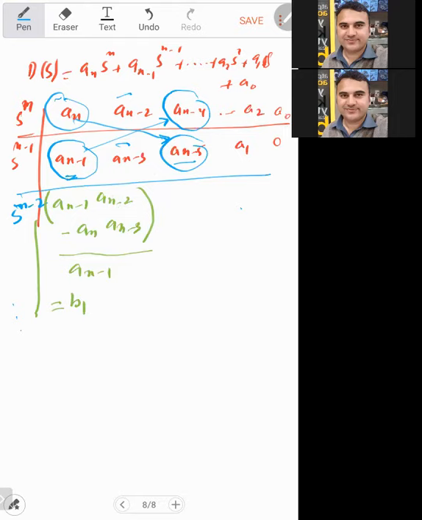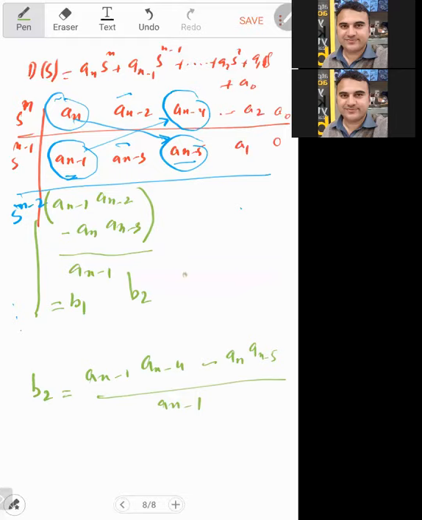You can make it in the proper order by making this b1, and then the next entry in the same row is b2. So b2 is equal to a n minus 1 multiplied by a n minus 4, minus a n multiplied by a n minus 5, divided by a n minus 1.